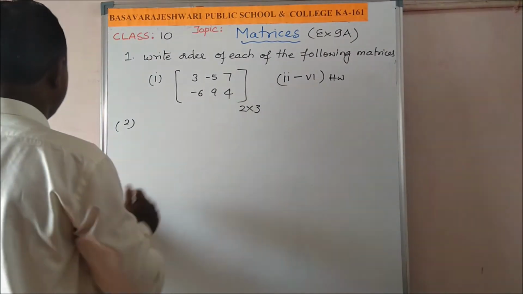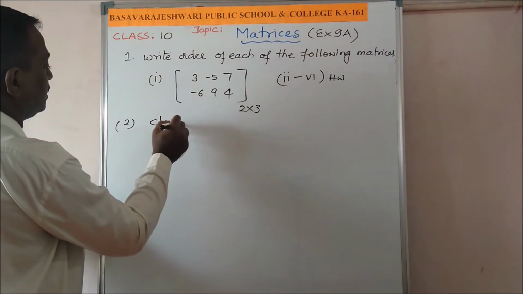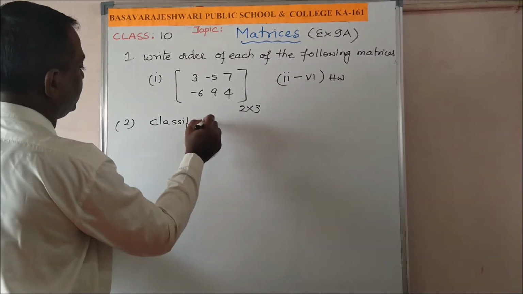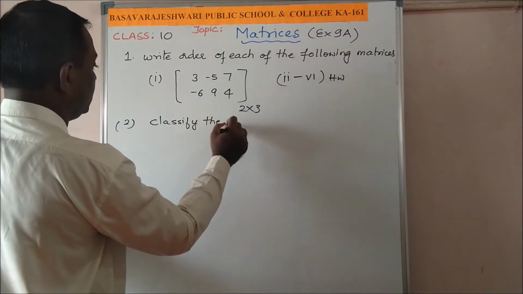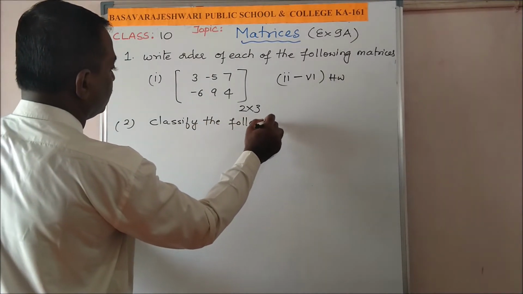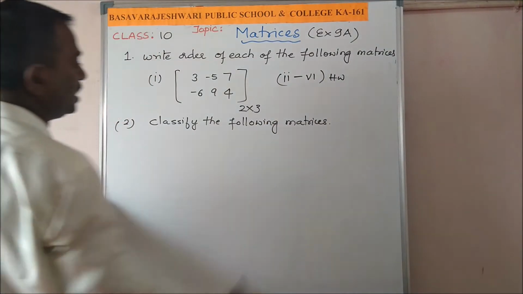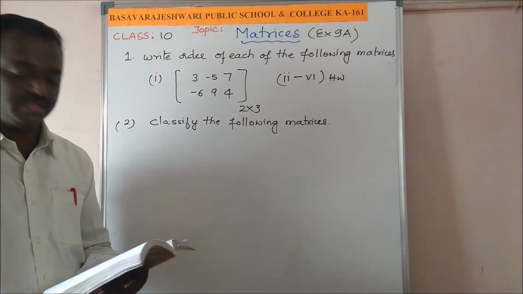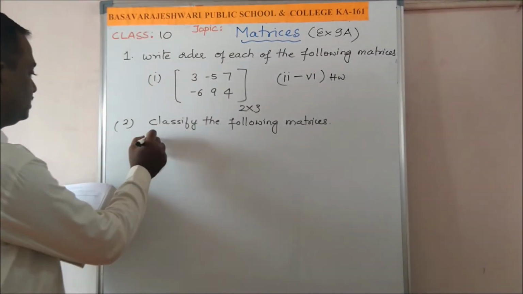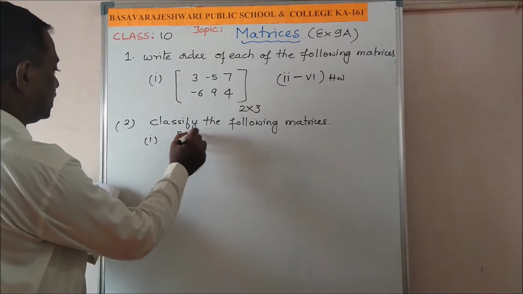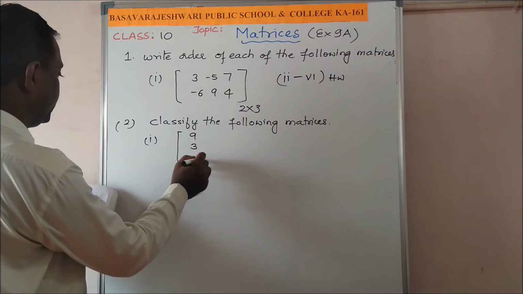Classify the following matrices. First one is 9, 3, minus 4.